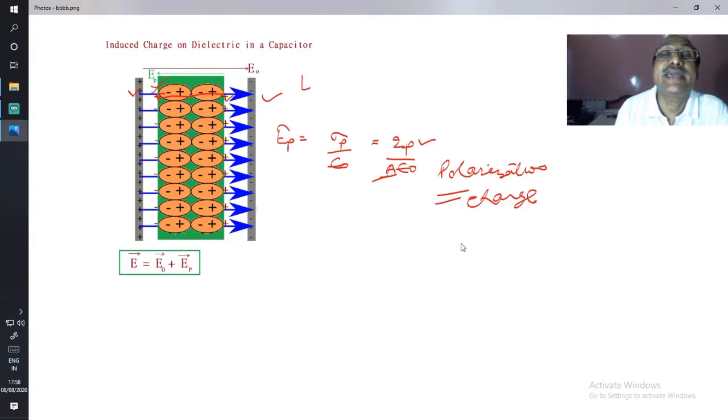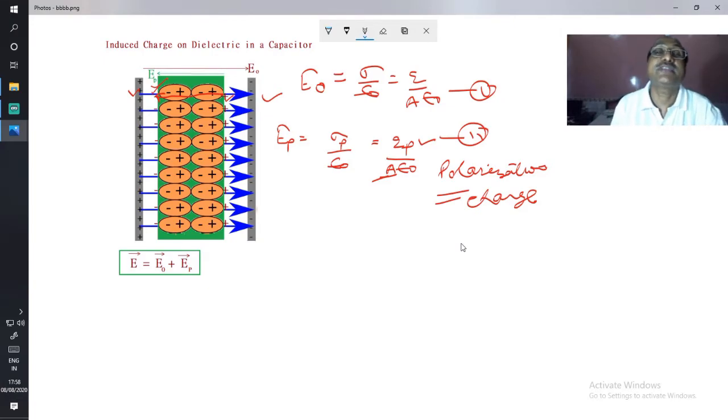Thus, we have electric field E naught, that is sigma over epsilon naught, or Q upon A epsilon naught, equation 1, and this is equation 2. Here we are observing two electric fields clearly.